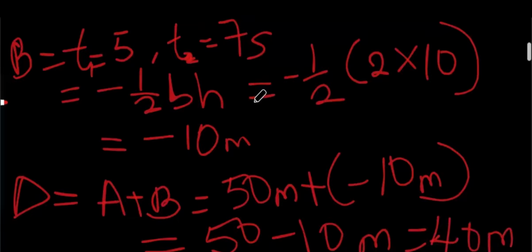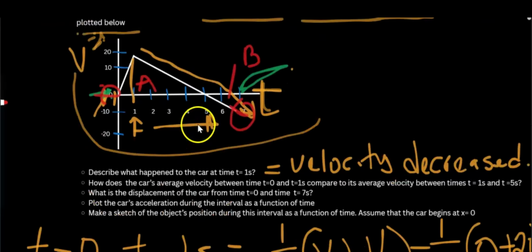Okay, that is the displacement of the car from t equals 0 to t equals 7: 40 meters. The next question says, plot the acceleration during the interval as a function of time.